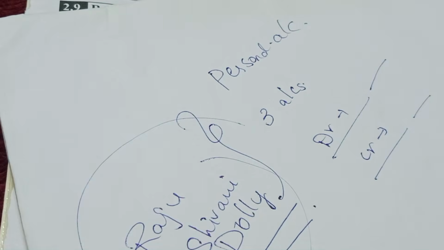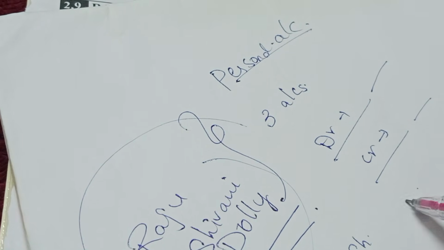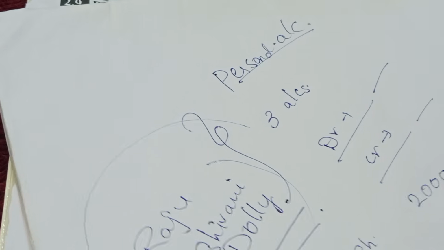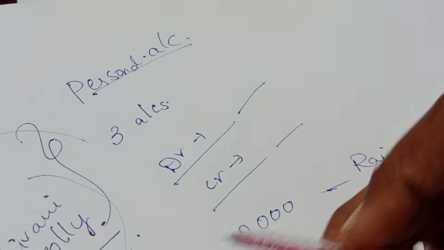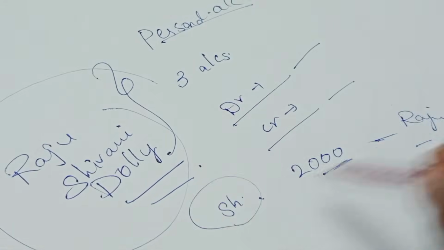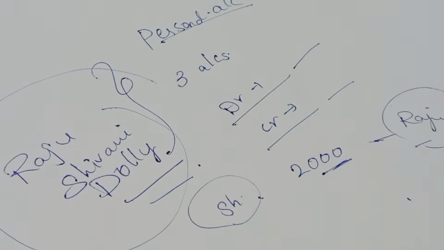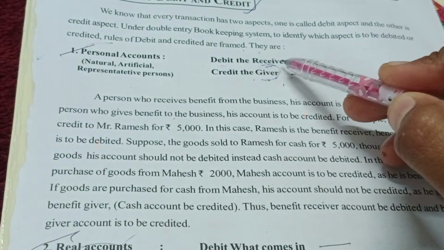Okay students, personal account. For example, Shivani is giving 2000 rupees to Raju. Shivani and Raju both are names, so we consider it a personal account. Debit the receiver.